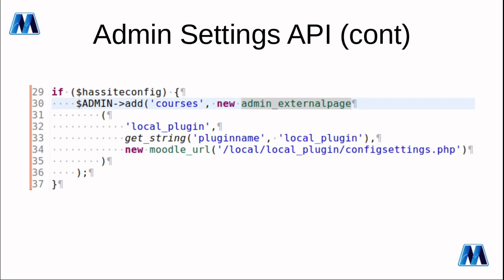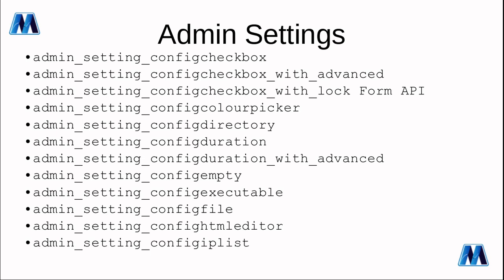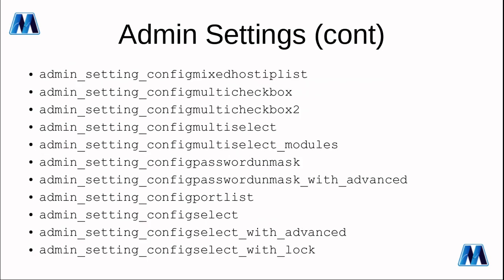Right, so pointing to an external page is fairly simple. Again, checking if the person has site config capabilities, and then creating an admin external page that points to another Moodle URL. And here in this presentation is a list of all the settings that you can use, and you'll notice they very much mirror the elements that you can define with Moodle Forms.